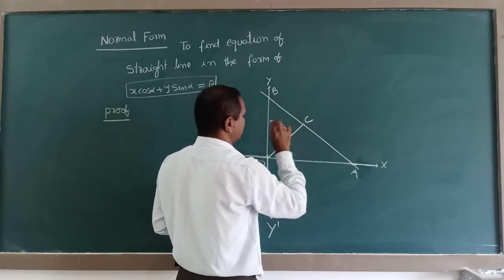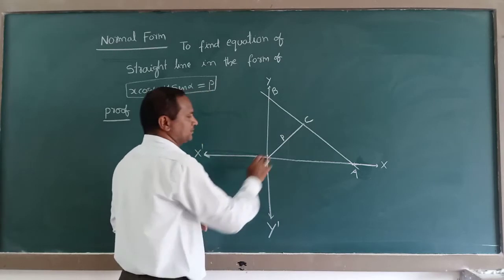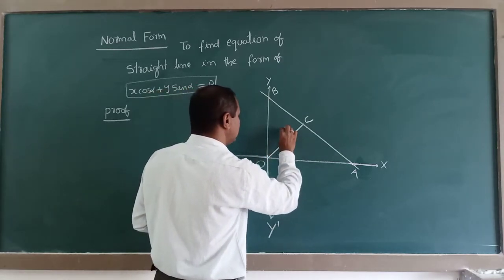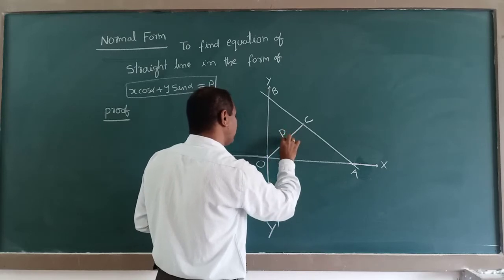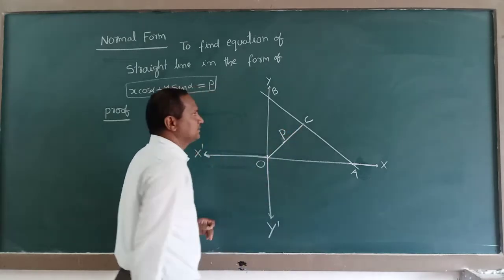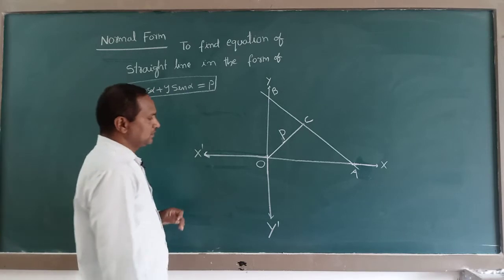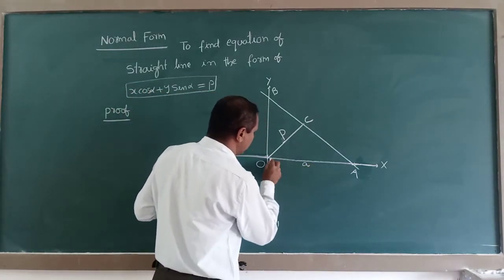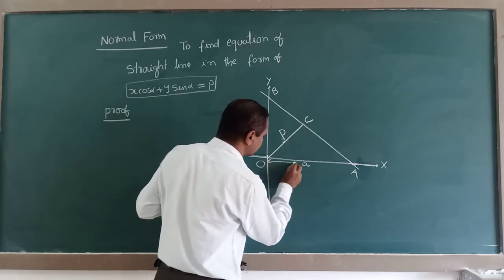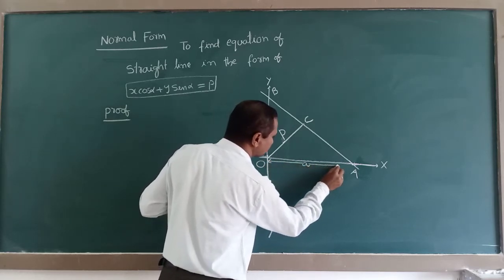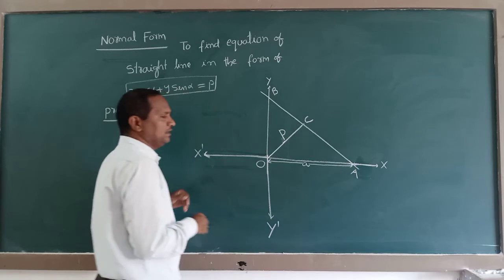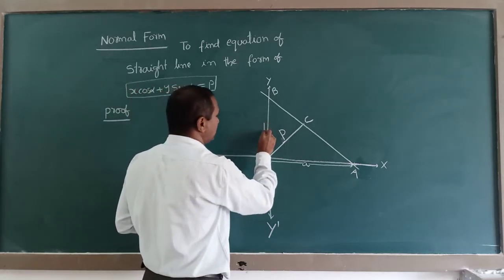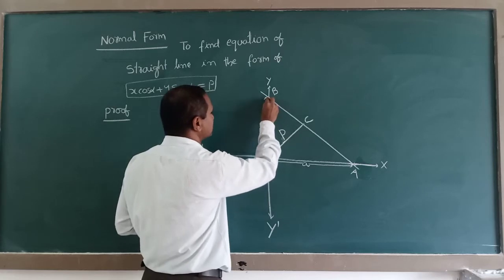OC is equal to the length of the perpendicular from the origin onto the line AB here. At the same time, consider up to this is a small letter a and b. That means a is the x-intercept and small letter b is the y-intercept.